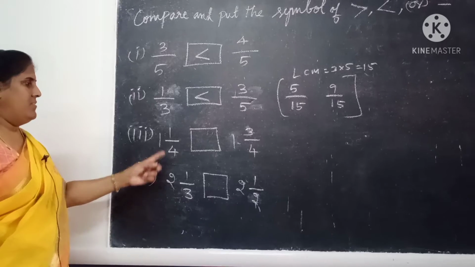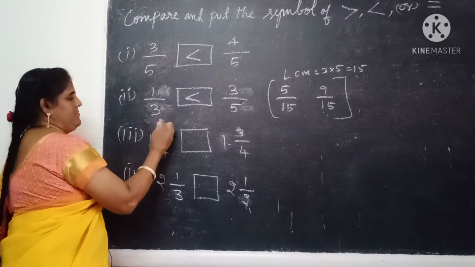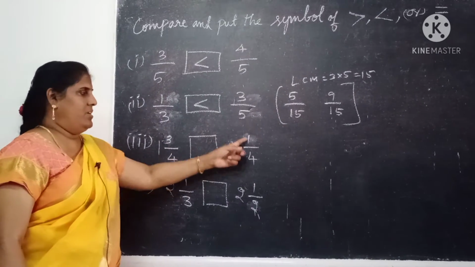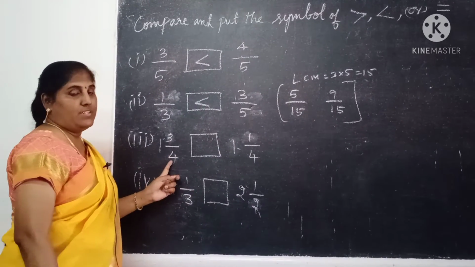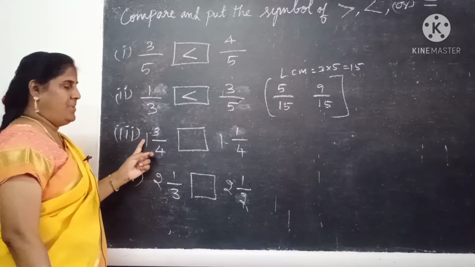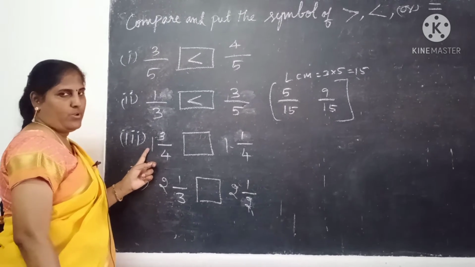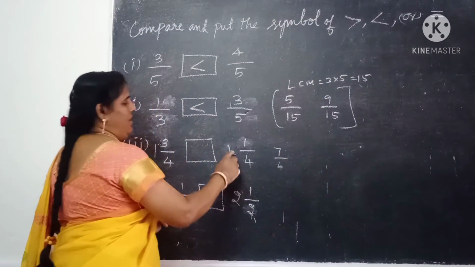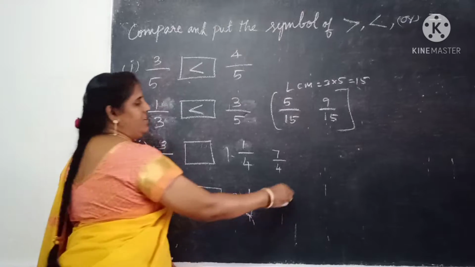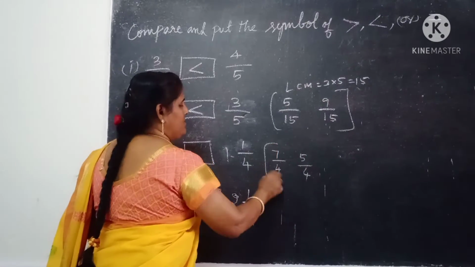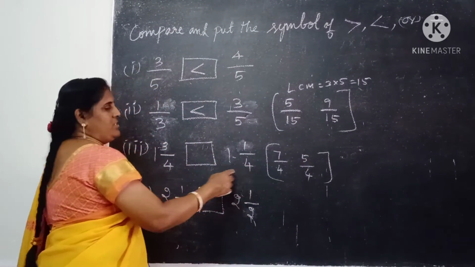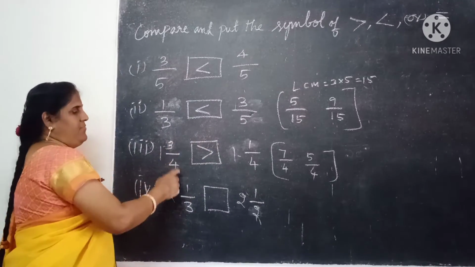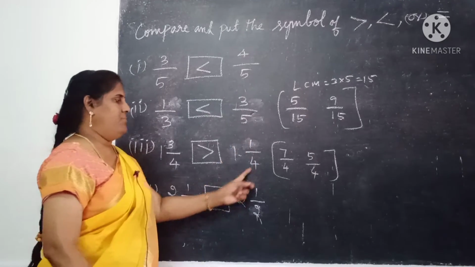First of all you convert them into improper fractions. 1 fours are 4, 4 plus 3 is 7, so it becomes 7 by 4. And 1 fours are 4, 4 plus 1 is 5, so 5 by 4. If you compare these two, which one is greater? This one is greater. So 1 3 by 4 is greater than 1 1 by 4.